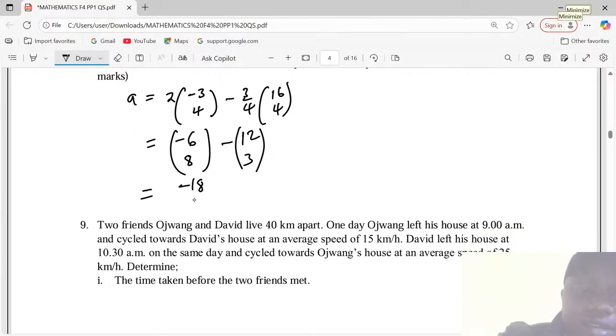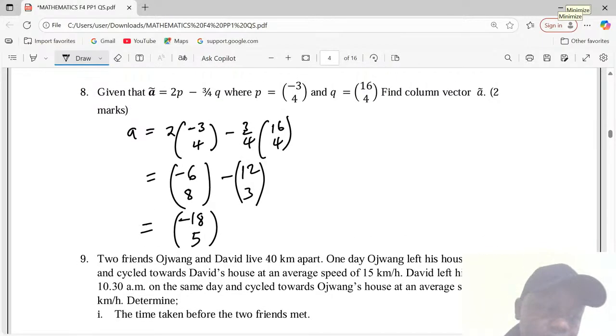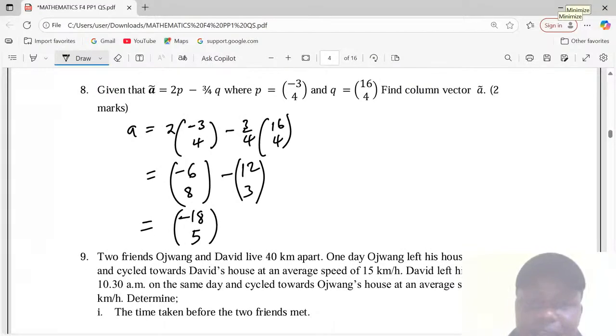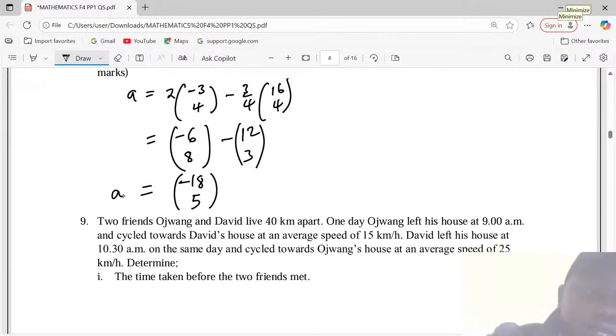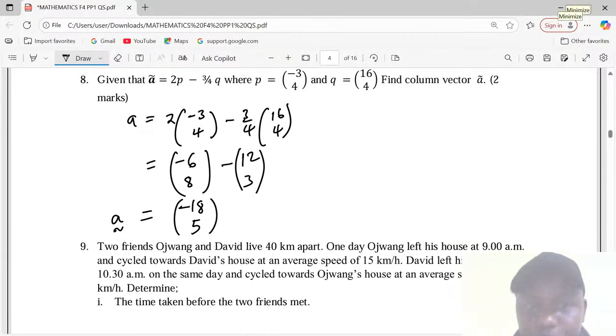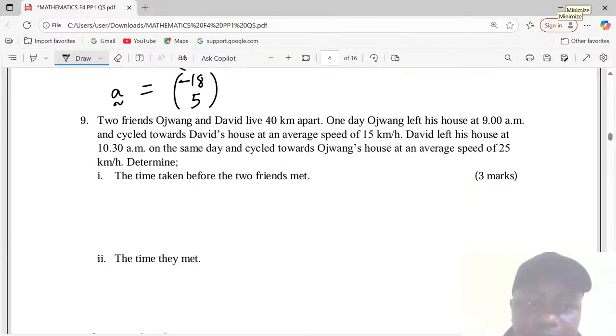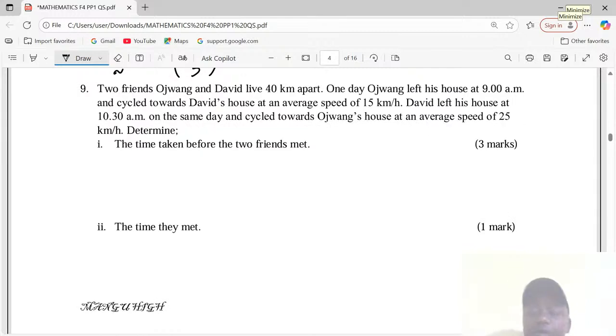Then 8 minus 3 is 5. Therefore, this is the column vector A. That is it. Vectors Form 2 work, very simple. Let us look at linear motion now. Linear motion in Section 1.